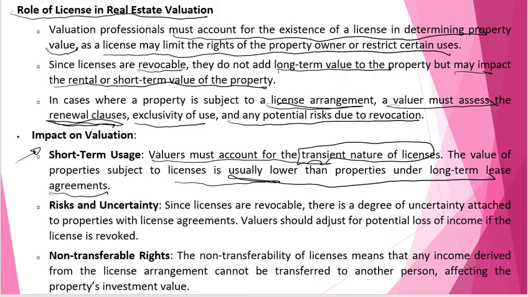You must remember. Then risks and uncertainty. Why the risk? Because licenses are revocable, so there is a degree of uncertainty attached to the property with the license arrangement. So the valuer should adjust for the potential loss of income if the license is revoked.